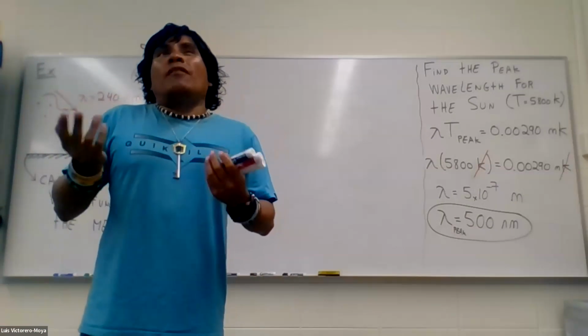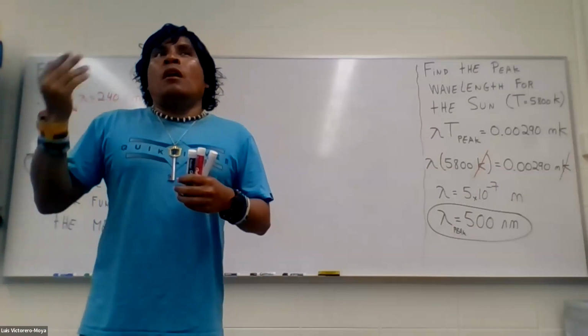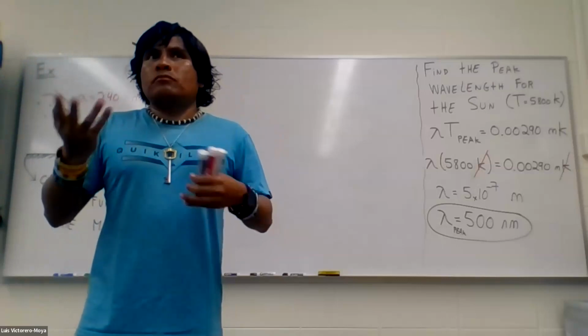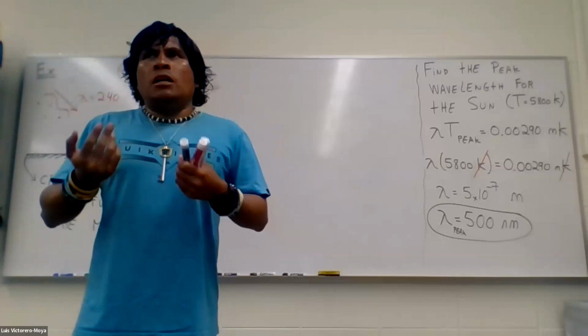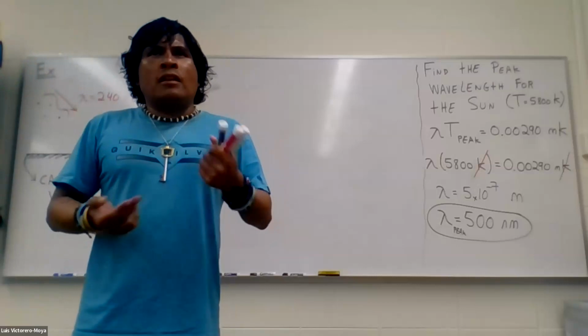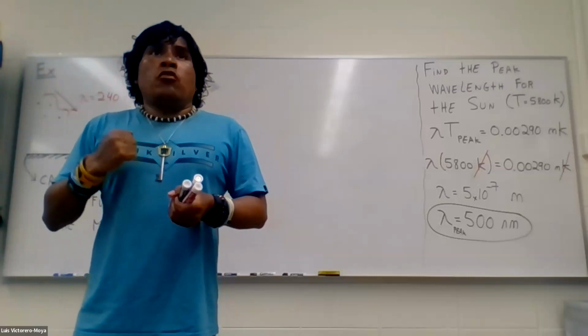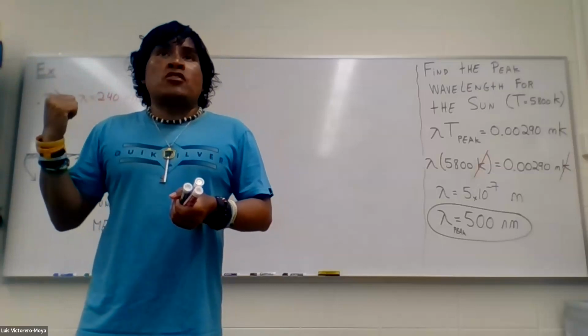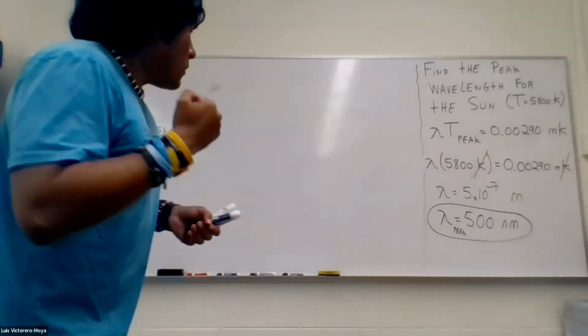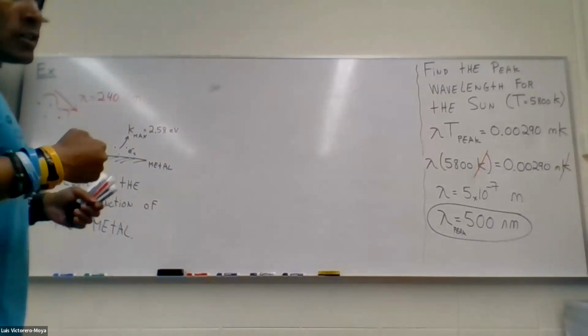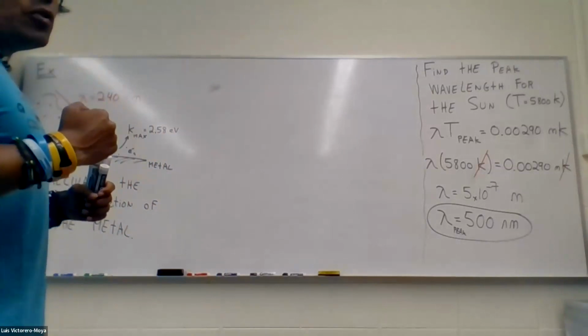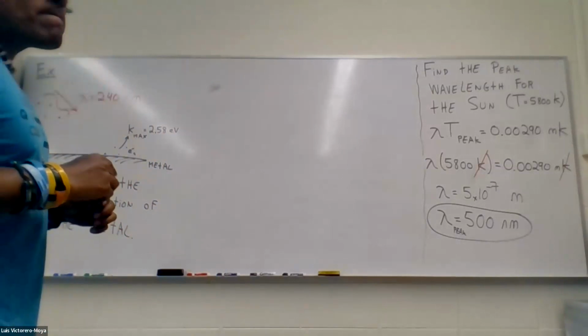Why? Because when we look at tables in photoelectric effect studies, we write down work functions for metals in electron volts. That's the unit that we use for this type of experiment.